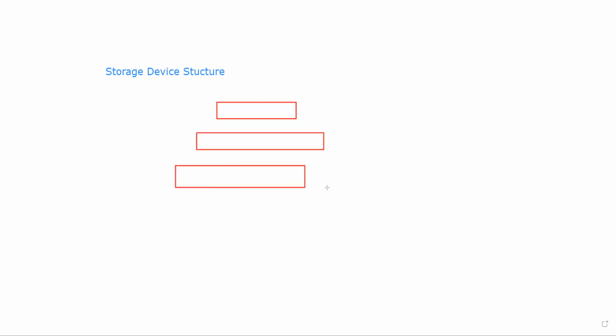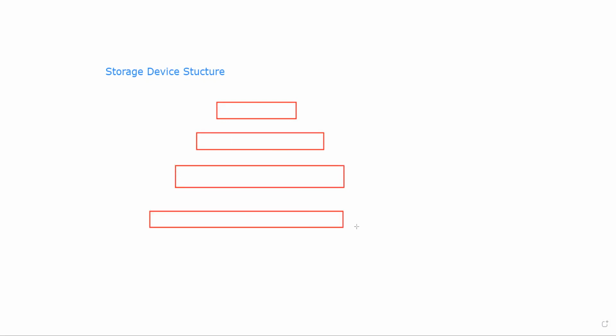Okay, I will take one particular shape like this, and this next one I will draw bigger in size compared to the previous one. And again, I'll draw this one, which is pretty much large compared to the previous one.